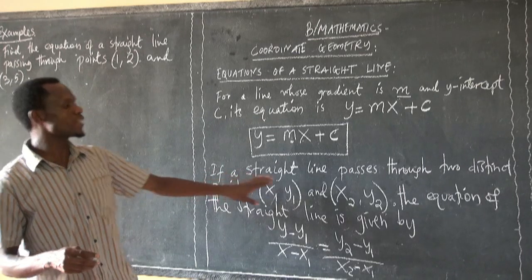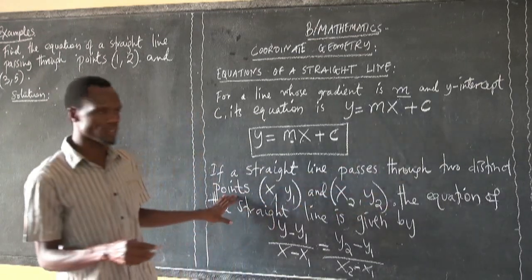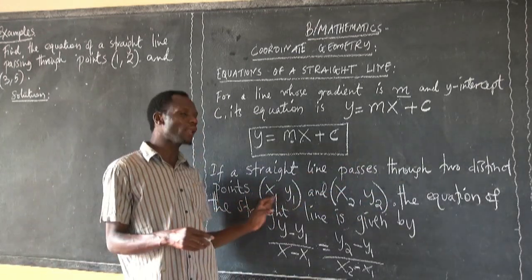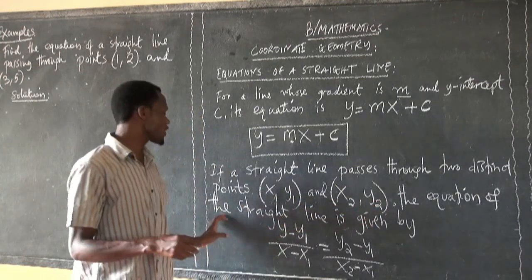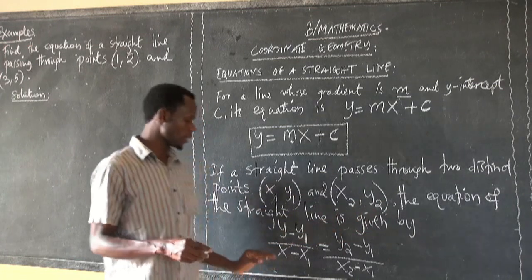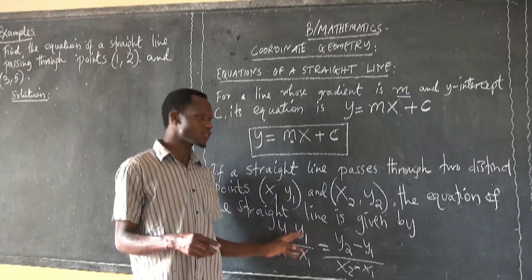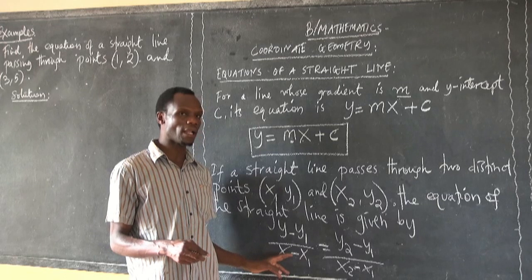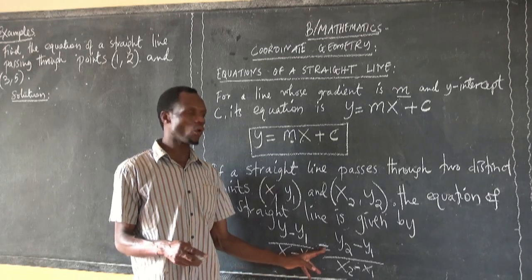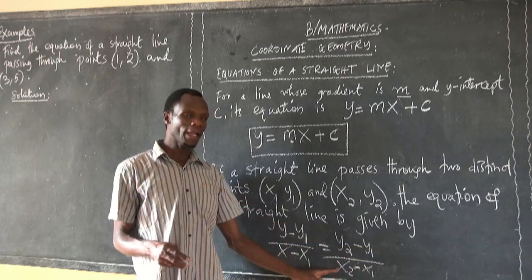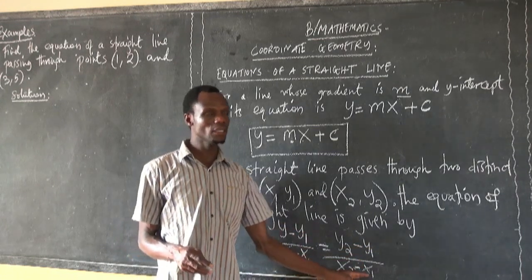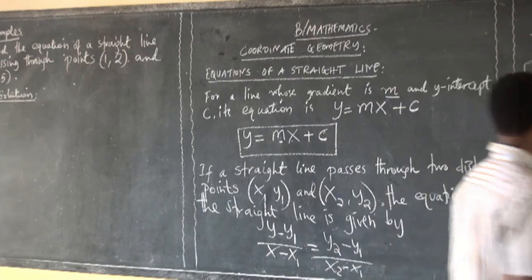Now, if a straight line passes through two distinct points, imagine there is (x1, y1) and (x2, y2). The equation of the straight line is given by y minus y1 over x minus x1 is equal to y2 minus y1 over x2 minus x1. How is this formed?